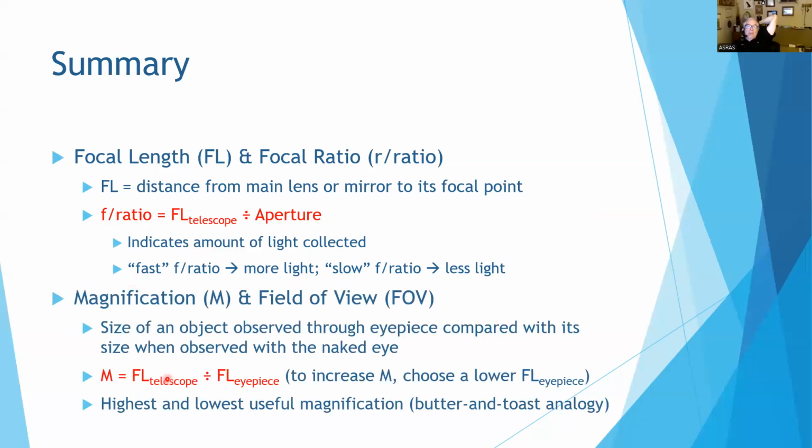Talked about magnification as calculated by the focal length of the telescope divided by the focal length of the eyepiece. And if you want to increase magnification, choose a lower focal length eyepiece up to the highest useful magnification limit.